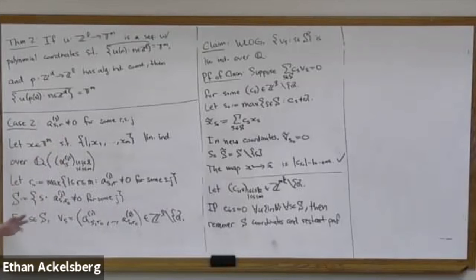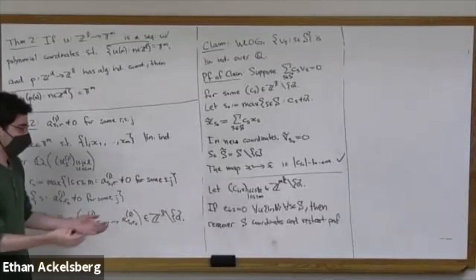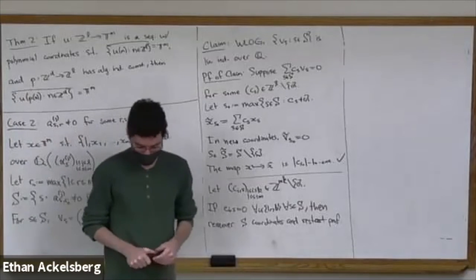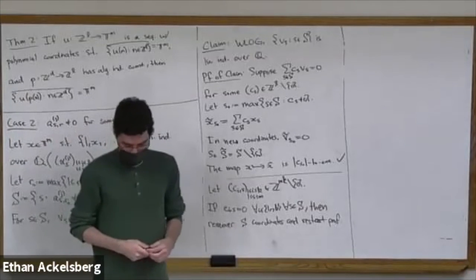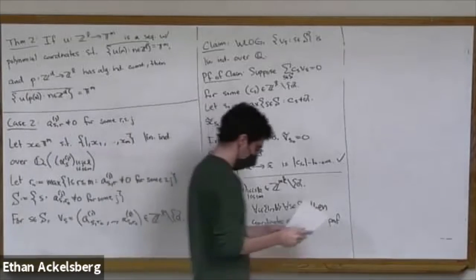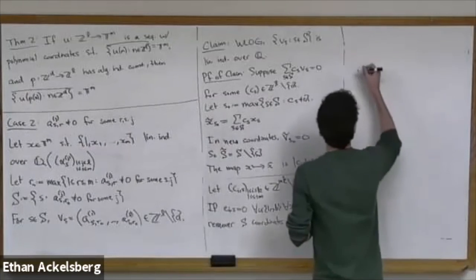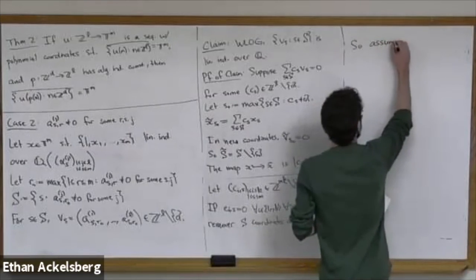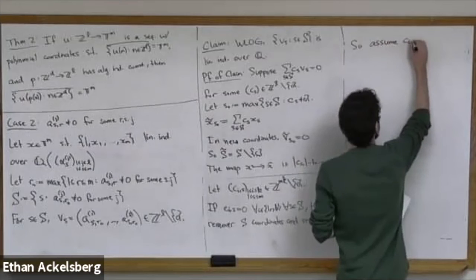And so, as I said, you can just restart the proof where you've now removed those coordinates and keep doing this. It's finite dimensional, so it'll eventually get down to some situation where you can't remove any more. Okay, so we're going to assume that CIS is non-zero for some S in capital S, and get somewhere.